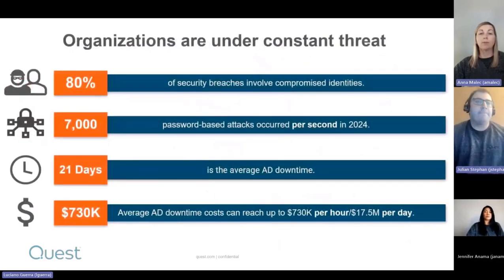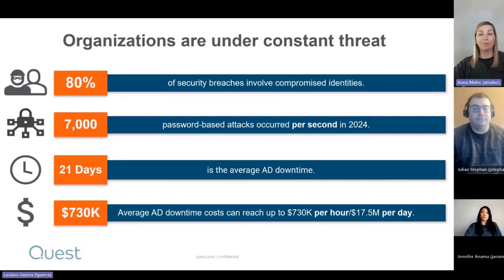Okay, yeah. Based on what Julian just spoke about in the last slide, here are some interesting statistics for perspective. These numbers actually have gone down in 2024 compared to the previous year, but let's not be fooled.